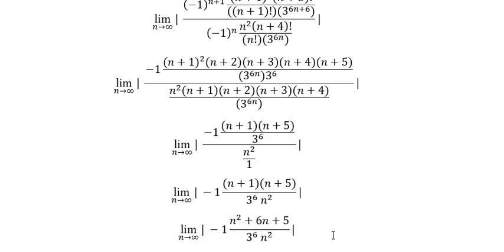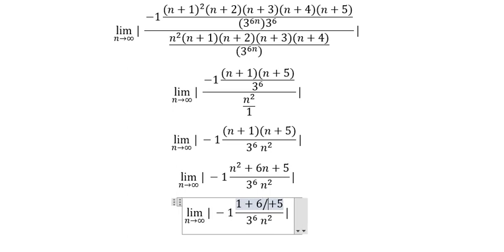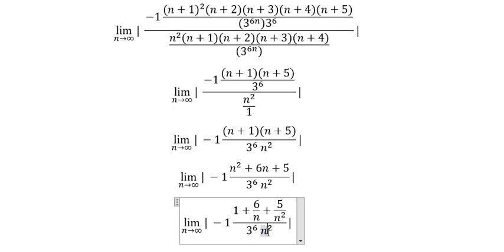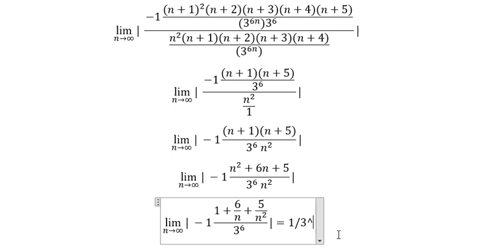Next, we divide by n squared on numerator and denominator. When n approaches positive infinity, this one you get number 0, this one you get number 0. And now we simplify and we have 1 over 3 to the power of 6.